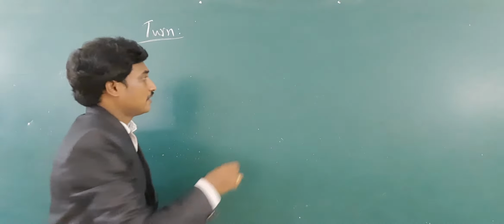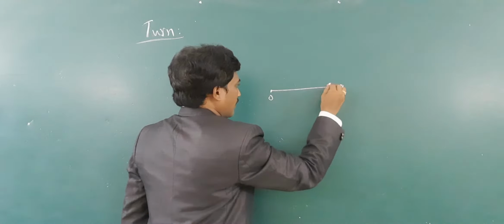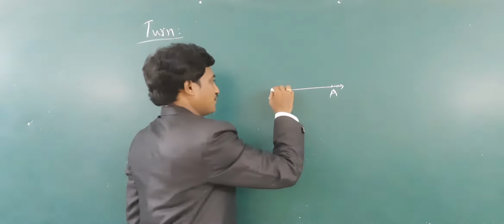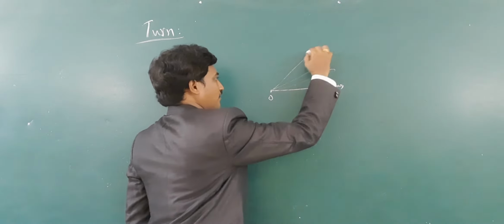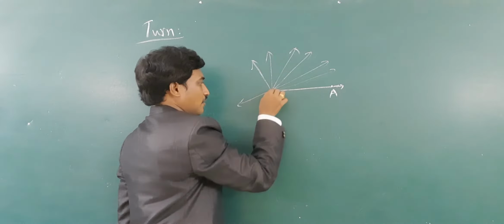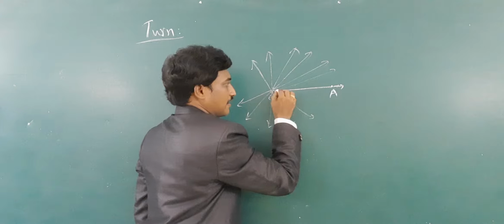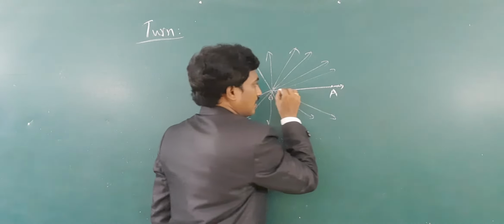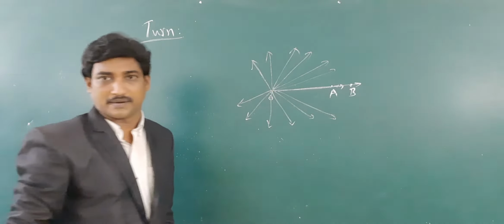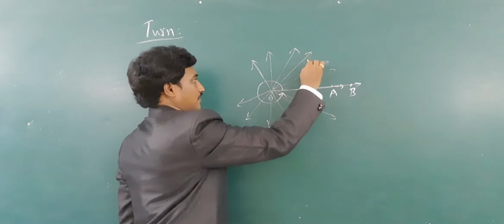There is the initial side OA and after making a rotation, if the terminal side OB coincides first with the initial side, then the angle made is called a turn.